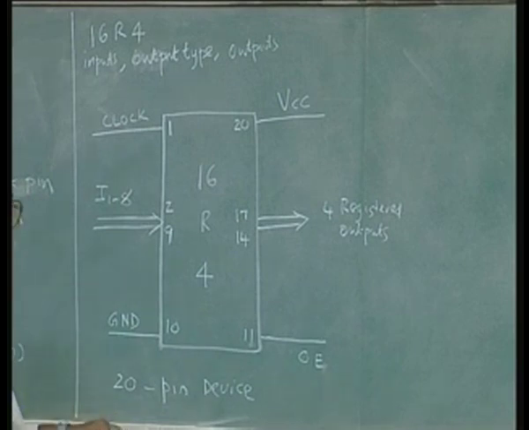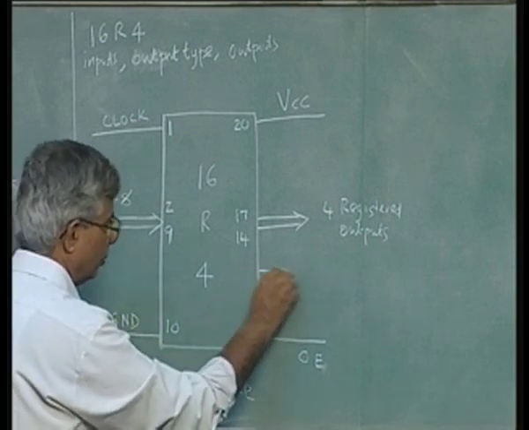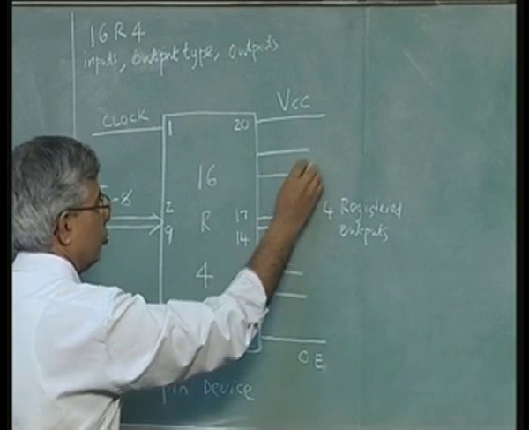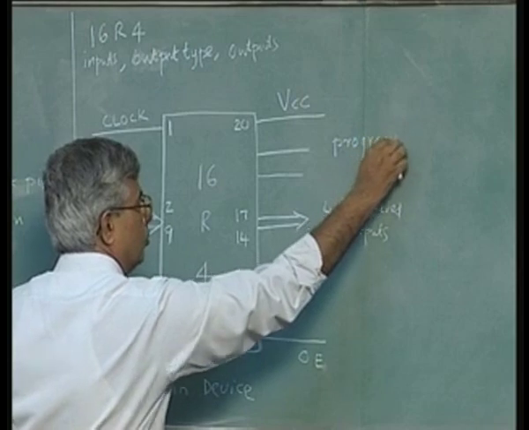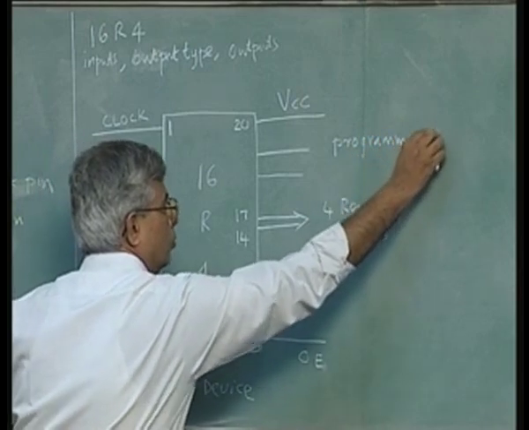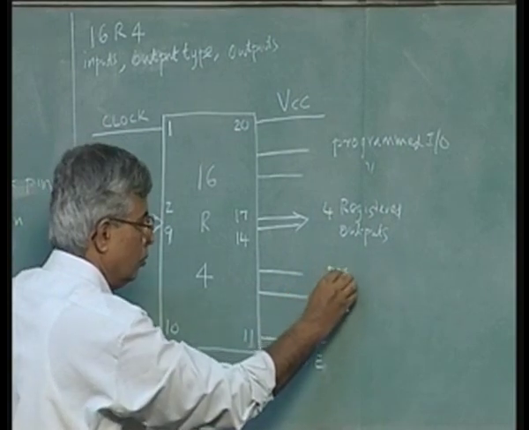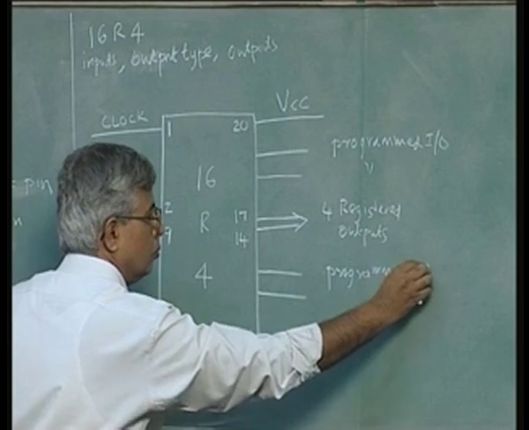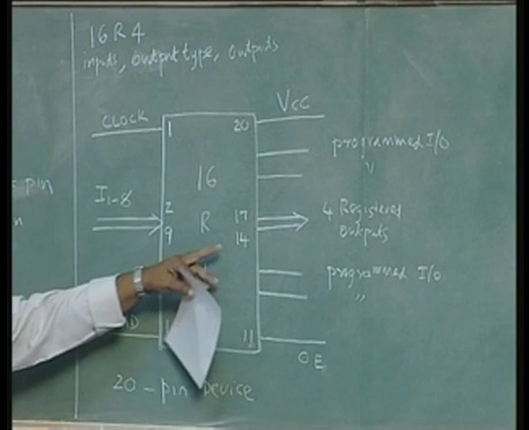And how many pins are now left? 4 pins. These 4 pins are programmed I/O pins. So there are 4 programmed I/O pins and 4 registered output pins.